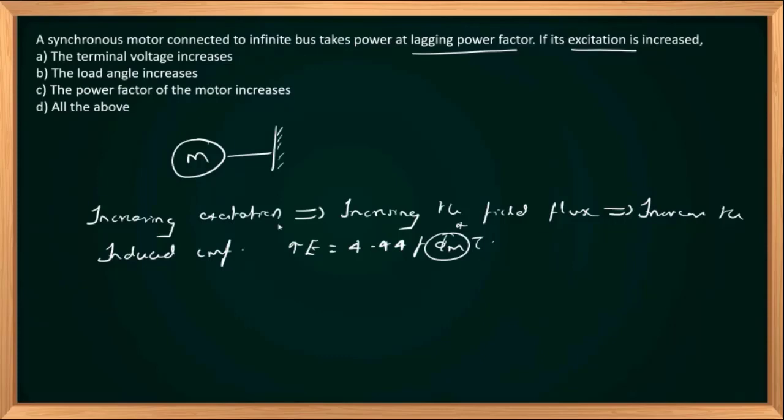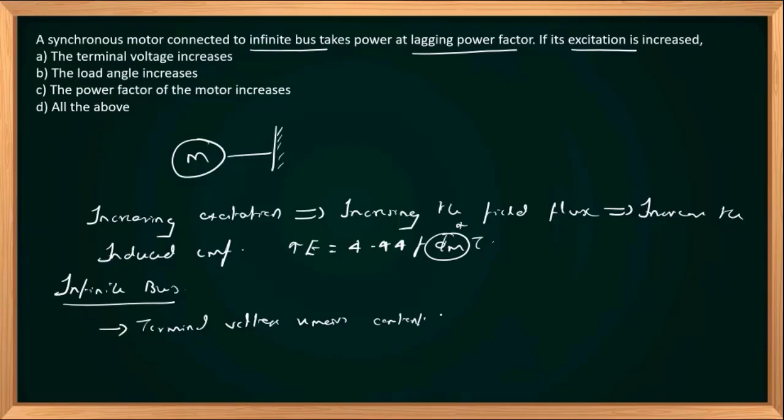But what happens here in this question is, it is connected to an infinite bus. The synchronous motor is connected to an infinite bus. What are the properties of an infinite bus? For an infinite bus, the terminal voltage remains constant.